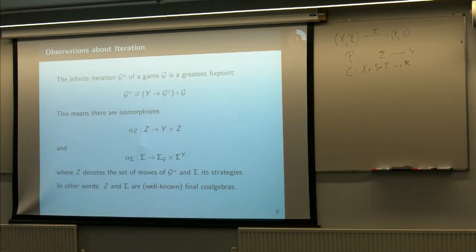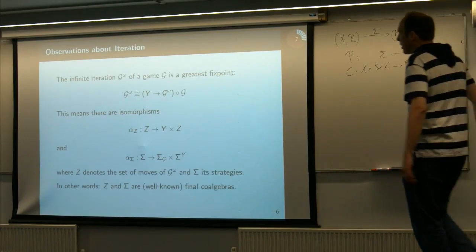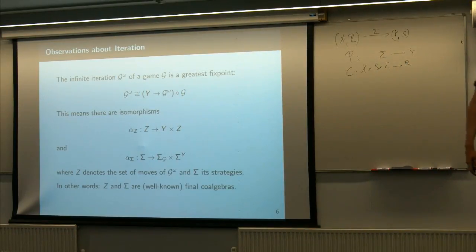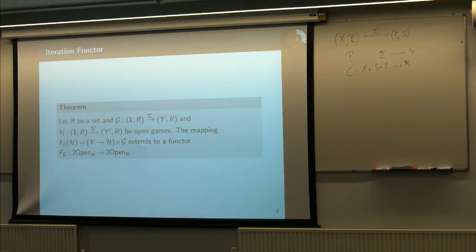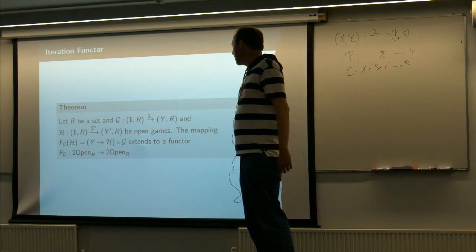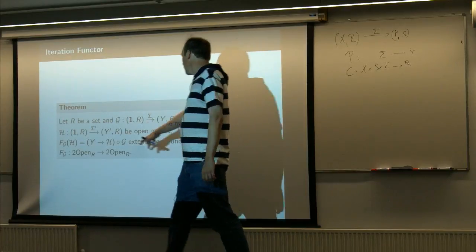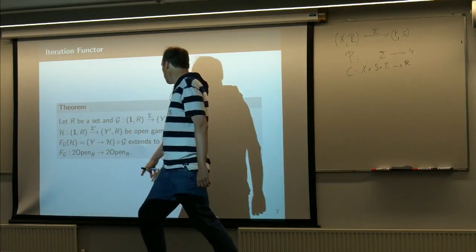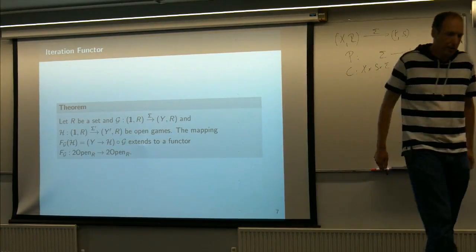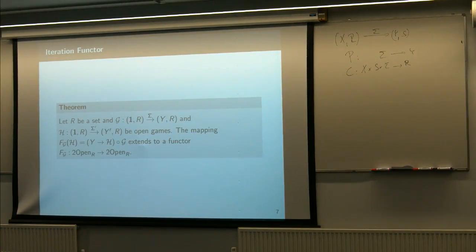So let me just mention this as a fact here. This construction here is again functorial in the appropriate category. If we have two open games G and H, then this mapping FG of H that produces exactly this game here is again a functor, but this time on the category 2 open.